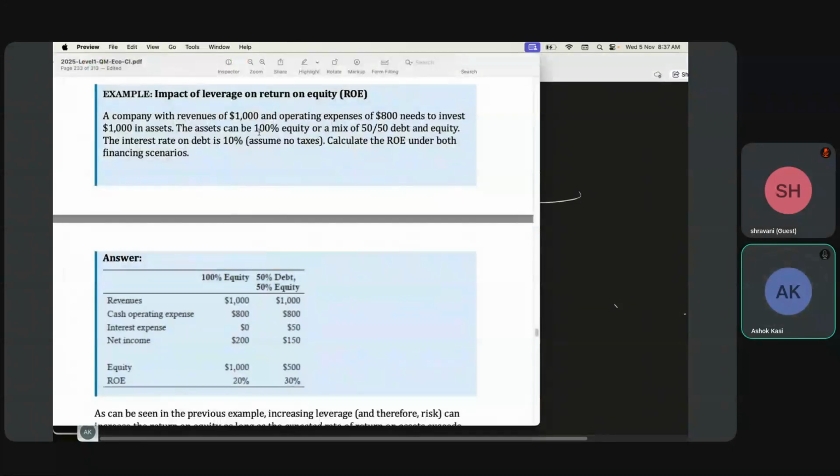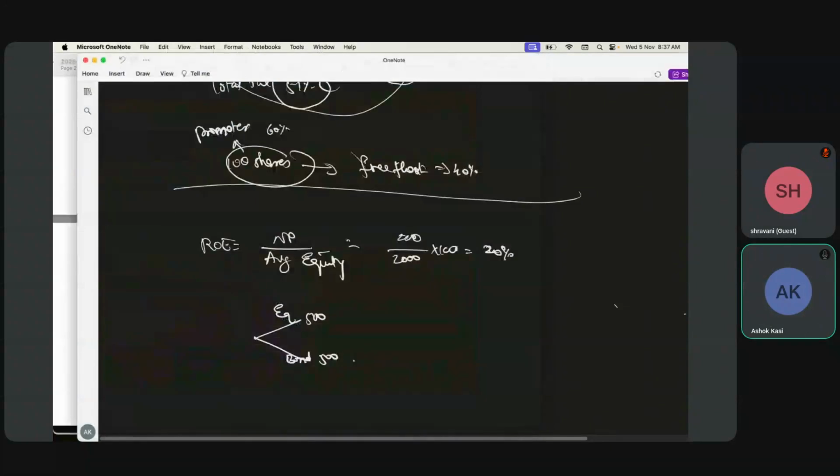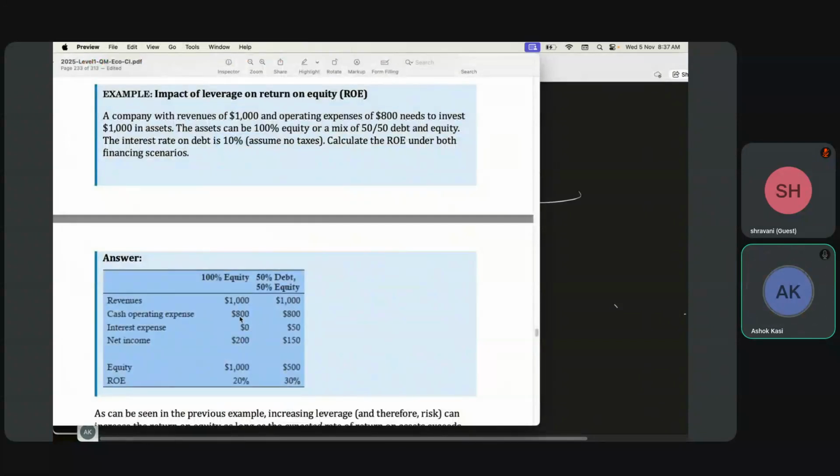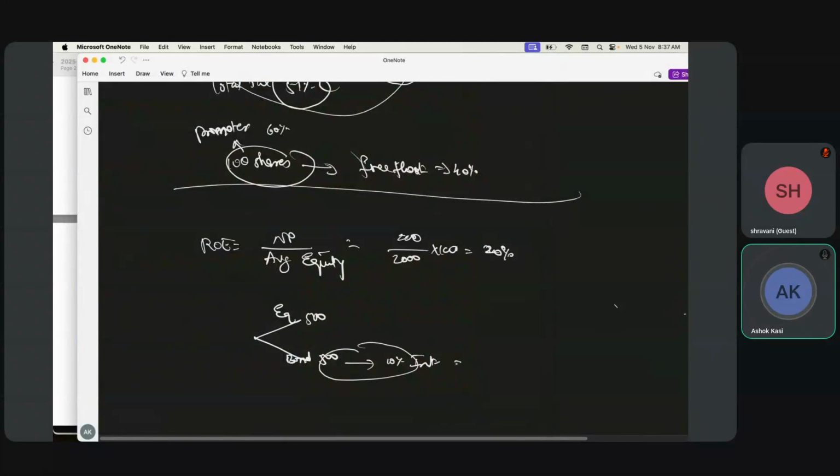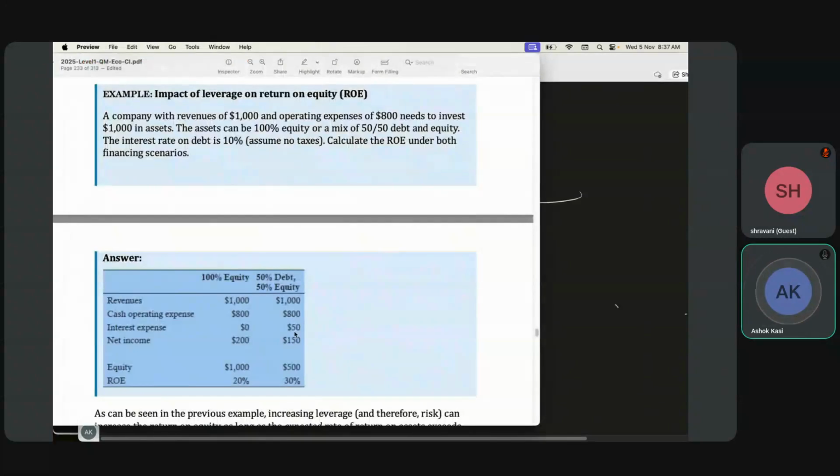That interest is 10%. Operating expense is 800, and 10% of this 500 comes to 50. So you have to pay 50, so net income is 150.